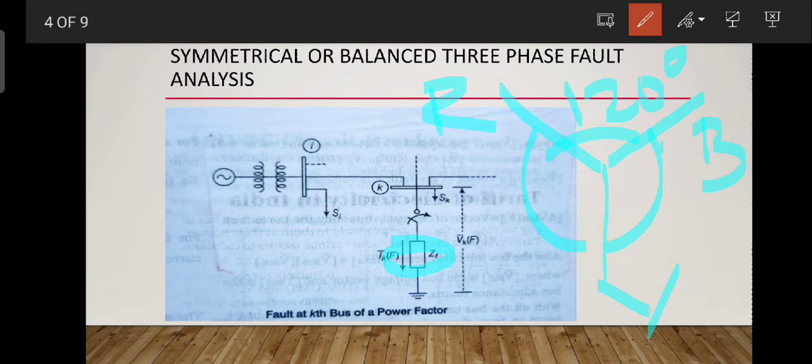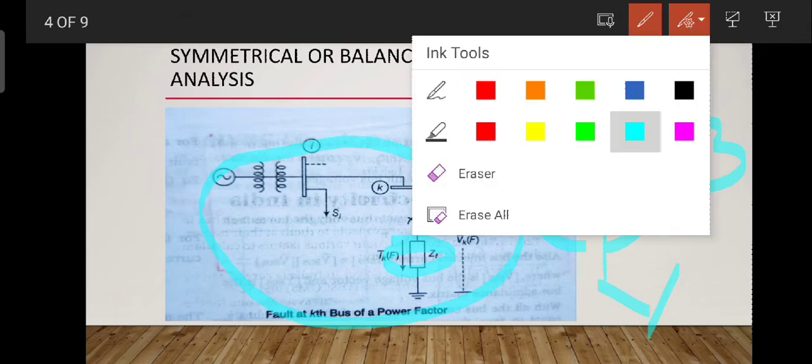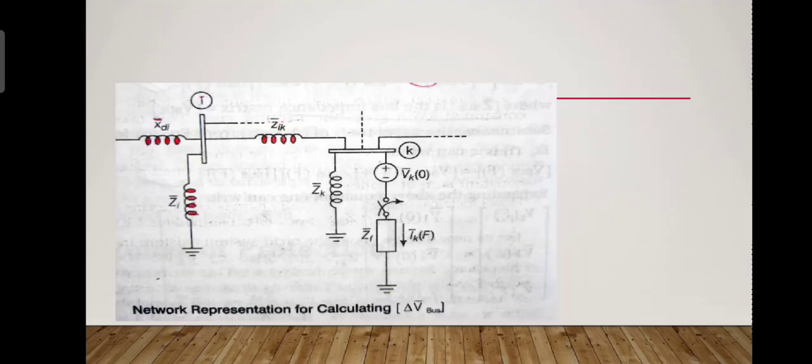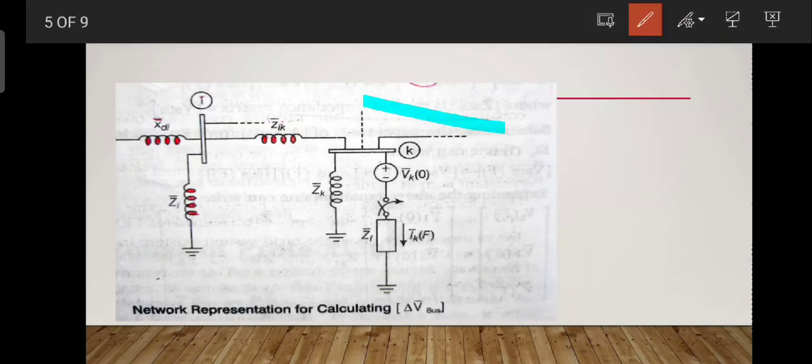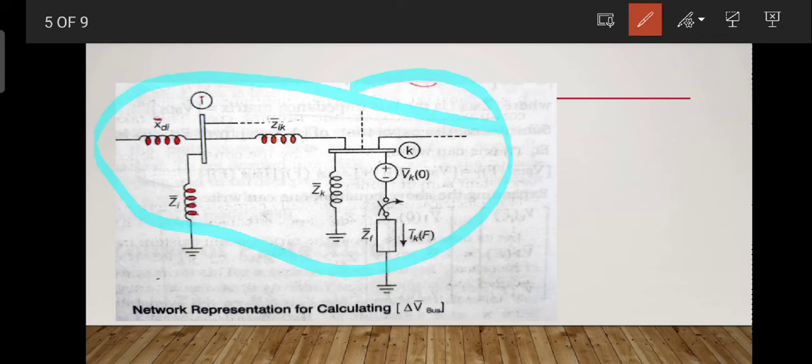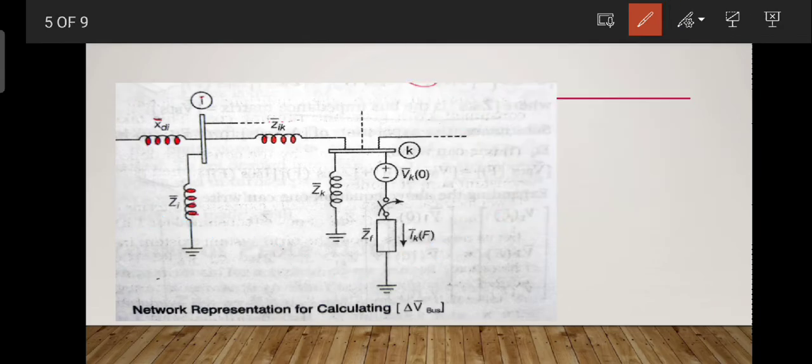And a typical bus of an n-bus power system network is here, or in the next slide here. This is a typical n-bus network.